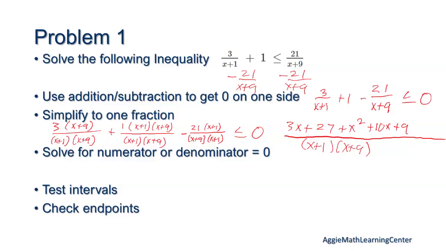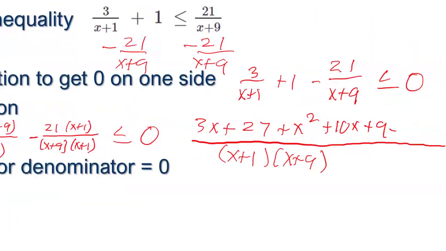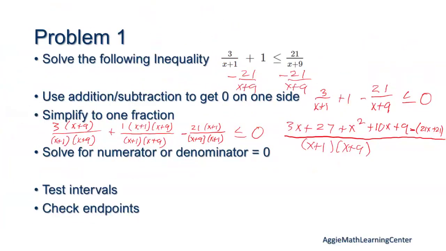And then this last term, you have a minus, and whenever there's a negative, it's important to make sure that you distribute that negative to every term. That is a very common error that I even make a lot of times. You can either leave it outside the parentheses, like a minus parentheses 21x plus 21, or you can distribute that negative in that step.